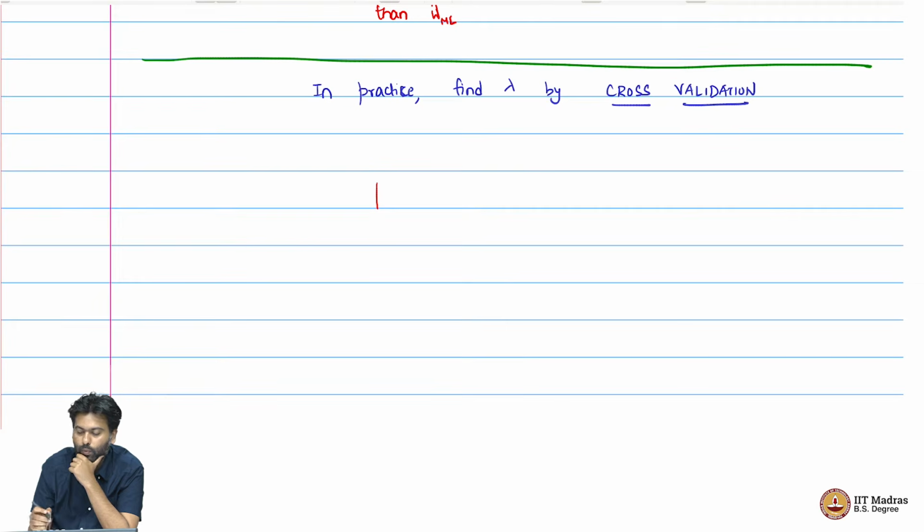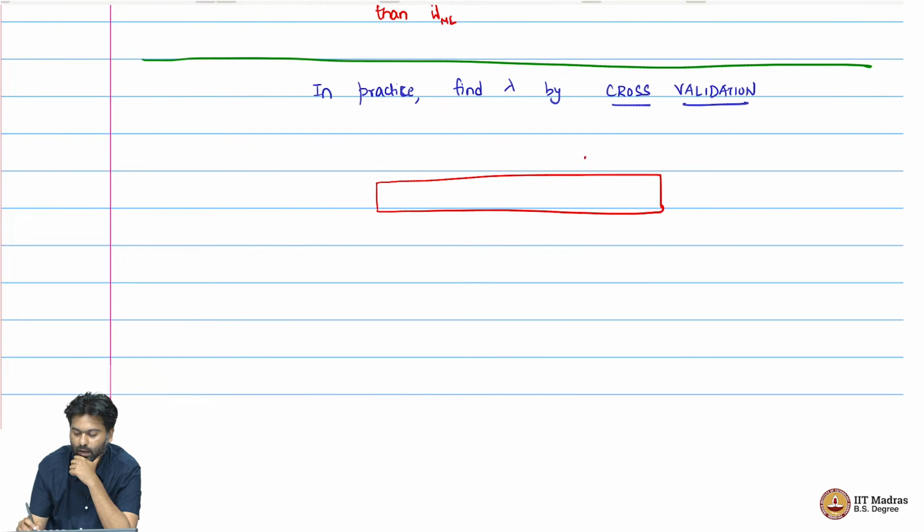We do not know what is the lambda that performs well, in the sense of what is the lambda that will give us better accuracy. So, what you could do is basically divide your entire training set. You have x1 to xn, let us say you had 10,000 points, you divide it into a train set and a validation set.